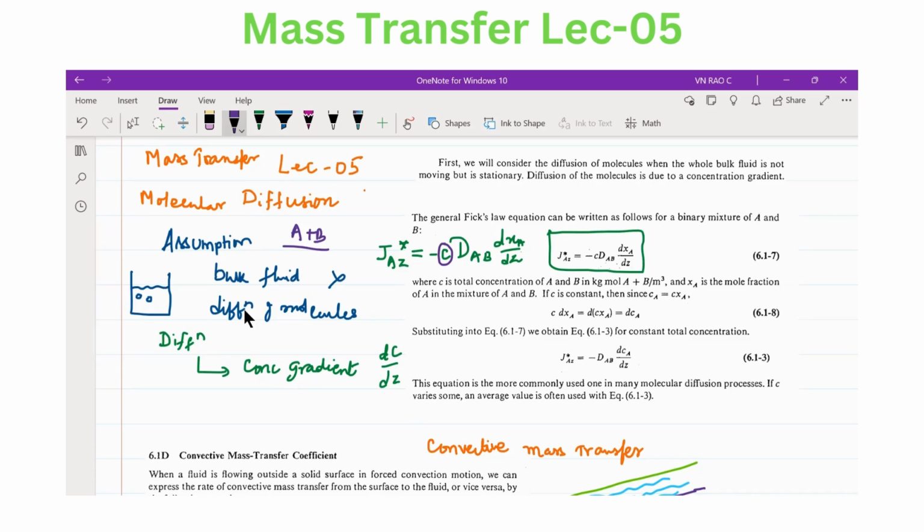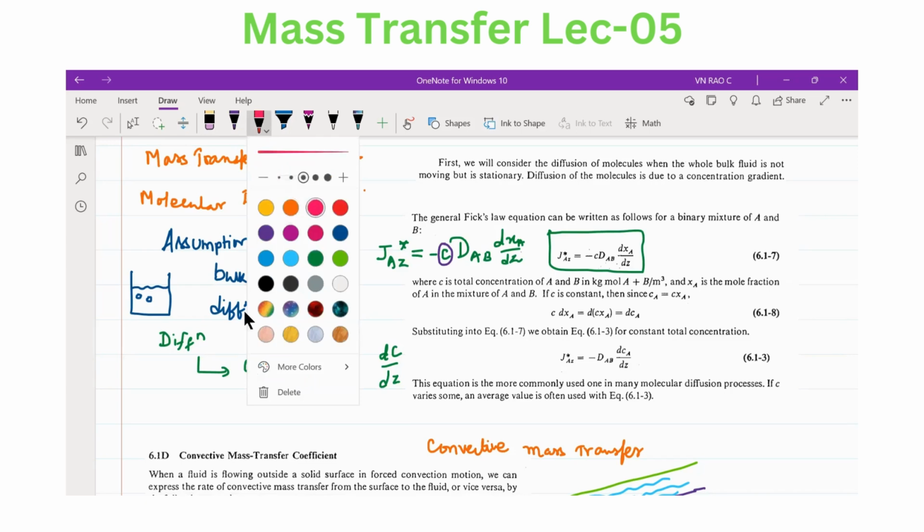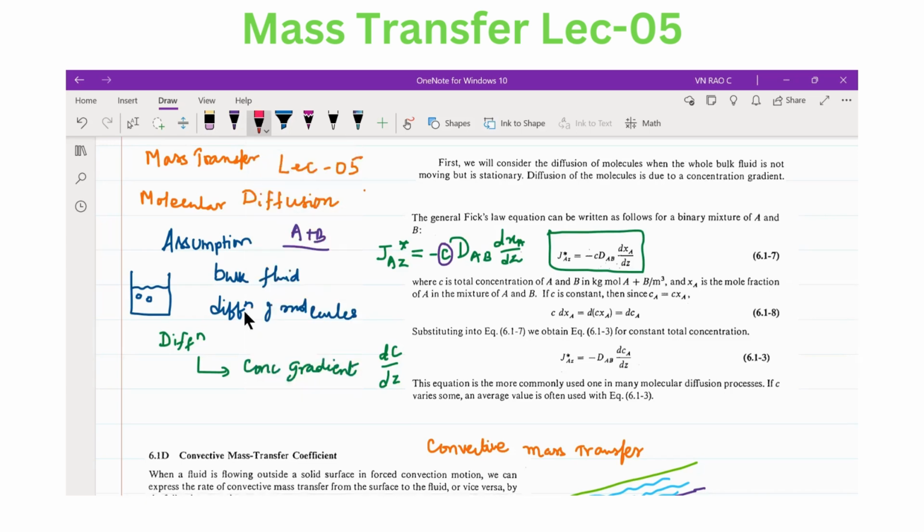If C is constant, what do we write? What is CA by C? It is xA. So I can write CA is equal to C into xA.